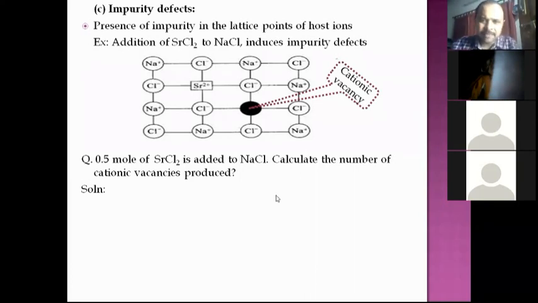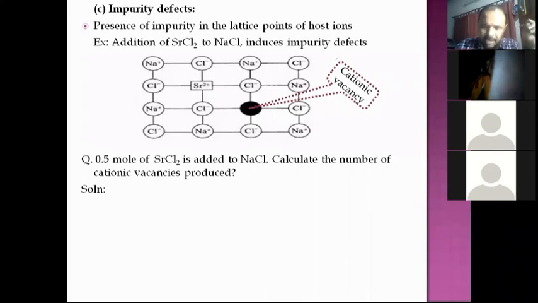I just now gave 0.5 mole of strontium chloride. NA by 2, sir. Pranav? NA by 2. Very good. Avogadro number divided by 2. It is easy, no? How much? 6.022 divided by 2, 3.011 into 10 raised to 23.